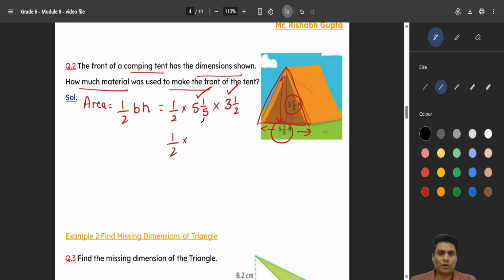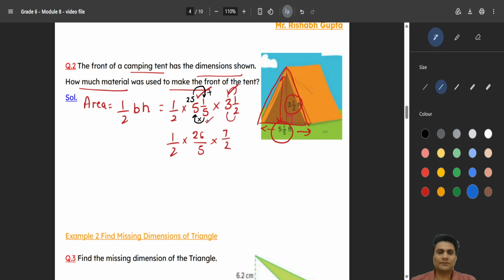First you multiply the denominator with the number in the front. 5 times 5, 25. Then you take this 25 to the numerator and add them. So 25 plus 1, 26. So this will become 26 over 5. Similarly this one, 3 times 2, 6. 6 plus 1, 7. So 7 over 2.